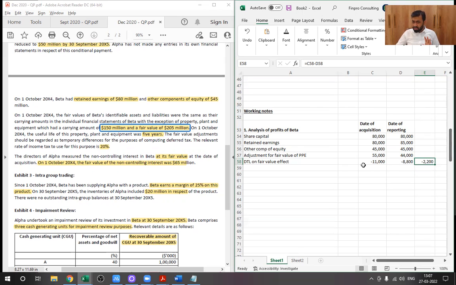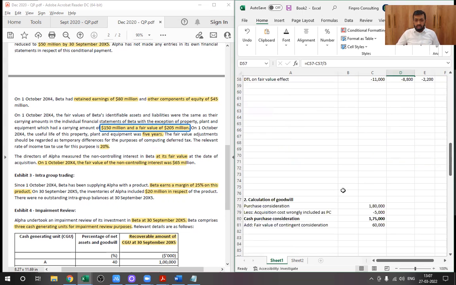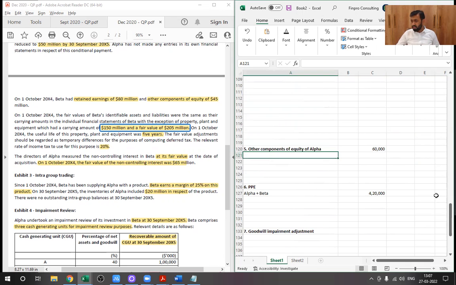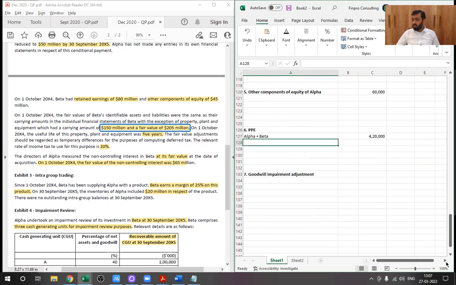So the second effects are still remaining, but the second effect of this asset should go to the property, plant and equipment immediately first. So we have this working note prepared. So add fair value adjustment as on reporting date. As on reporting date, how much is that amount?